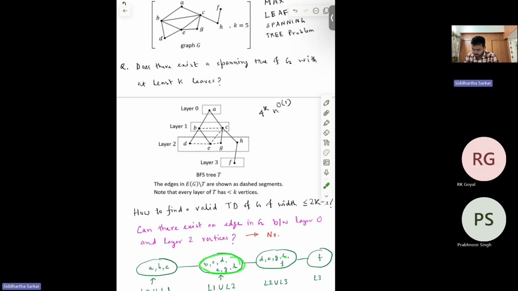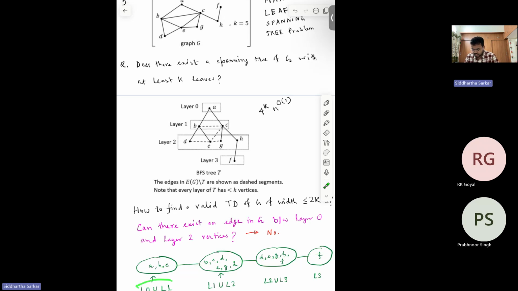This is one bag, this is the other bag. But layer 2 bags are adjacent to each other, so they must have a connecting edge. Therefore, all the bags that contain G form a connected component because we have connected the bags in a path, and in the path, the layers are consecutive. So layer 2 appears only in adjacent bags. Therefore, connectedness with respect to every vertex is also satisfied.